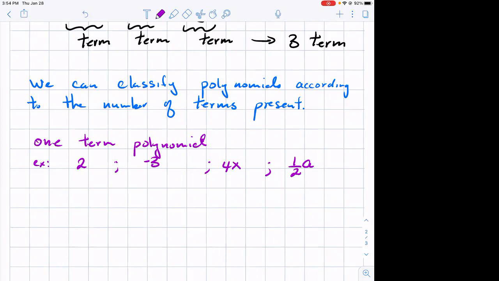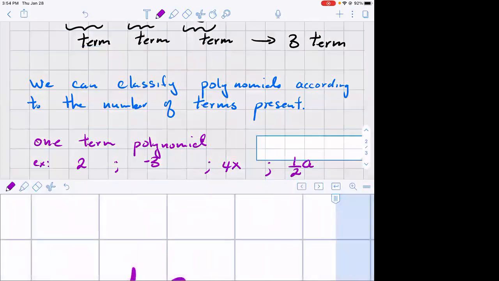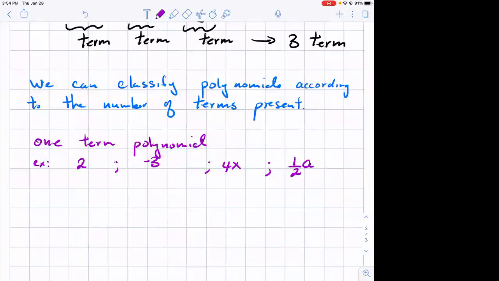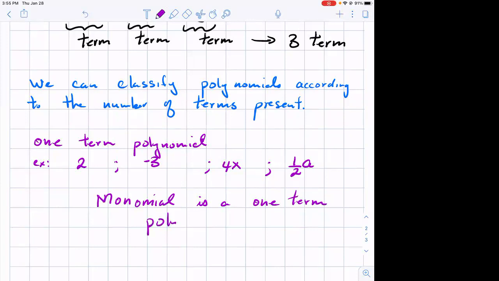Okay? And if it's only one term, then we call this a monomial. It is a monomial. So monomial is a one-term polynomial.